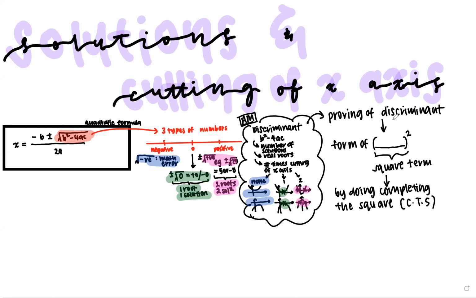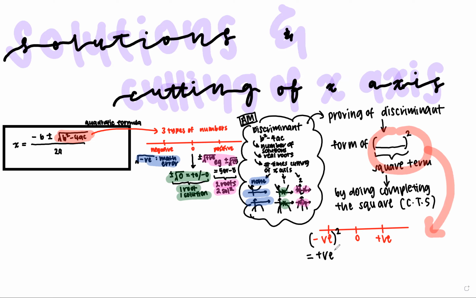Because there is a very important concept when it comes to a square term. Remember I told you there are 3 types of numbers just now? What are the 3 types of numbers? Negative, 0, and positive. Now, if I were to take a negative number and square it, ultimately, what does it give me? Positive number.